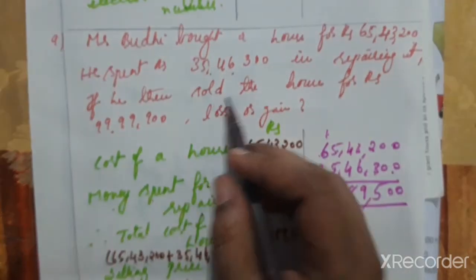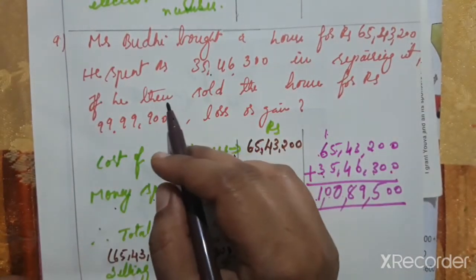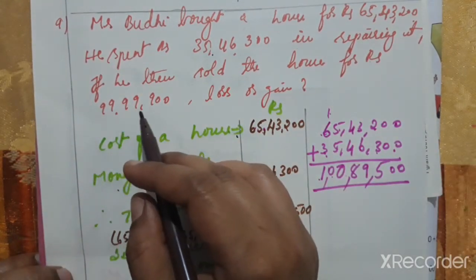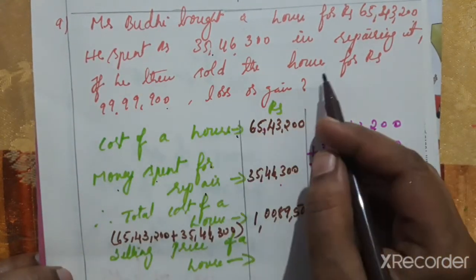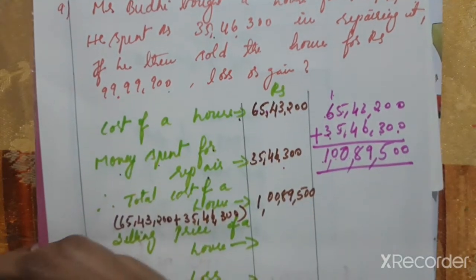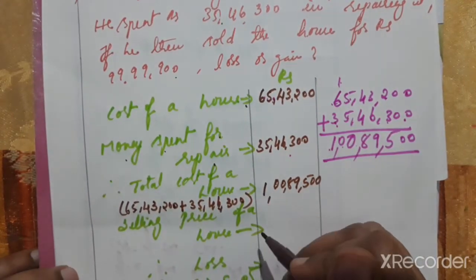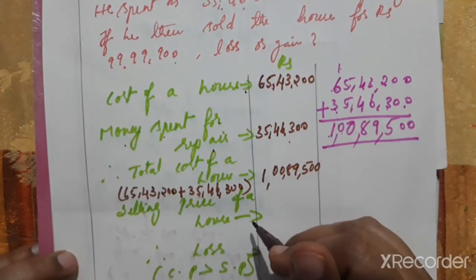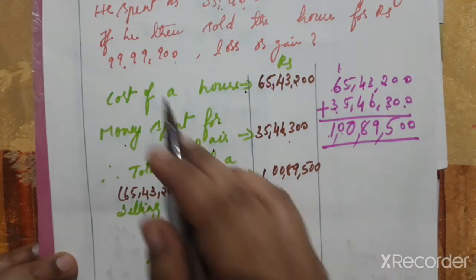Now in the question they have given, he then sold the house for 99 lakh 99,900. His mind changed and now he wants to sell that house. When he sold the house, for how much amount?